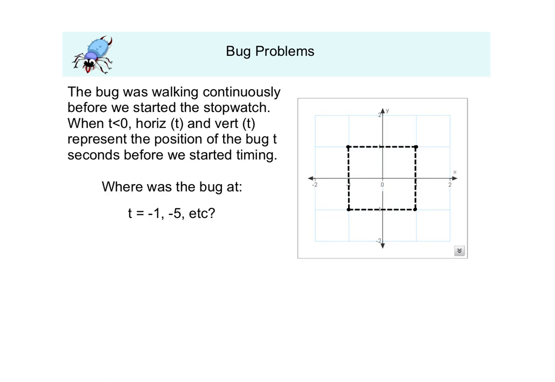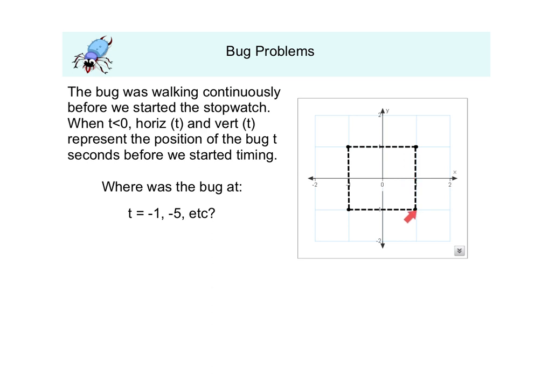This bug has been walking continuously even before we started the stopwatch. It's been walking since the beginning of time and will be walking long after we're gone. Negative values for t represent the amount of time before we started our stopwatch. So where was the bug at negative 1? Well, that was 1 second before I started my stopwatch. Here it was where I started.